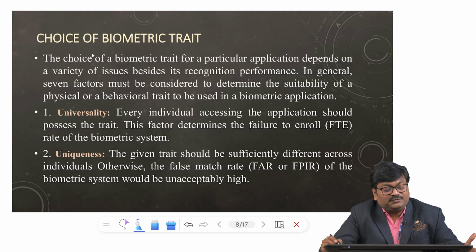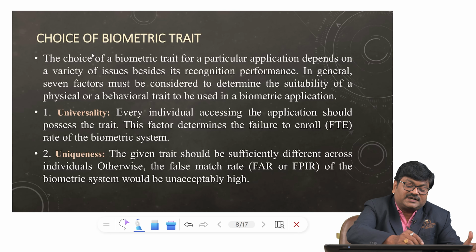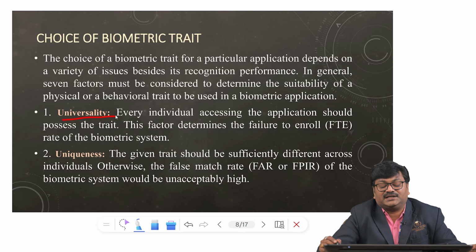And here, when we are choosing the trait, we need to make sure that it has some parameters that need to be considered, in which the first parameter in choosing the trait is universality. What does it mean? Whatever trait I am using needs to be perfectly enrolled and has to be accepted by the biometric system. So universality is related to acceptance by the biometric system.